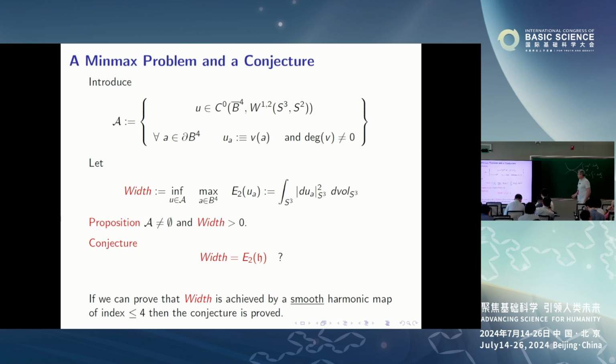And in fact, if we can prove the width is achieved by a smooth harmonic map of index less than or equal to 4, using the previous slide, you can conclude that this is the case. Okay? So the whole question is an analysis question, a realization of this width.